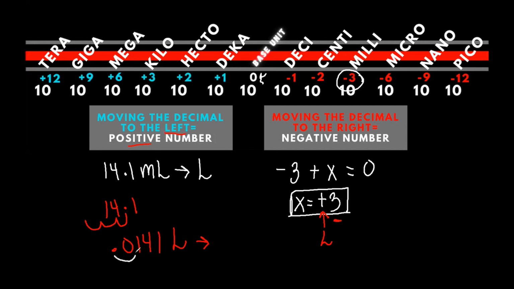So I'm going to move it. This 0 is not between 1 through 9, so I move it again. Stop right here. I moved it twice, and I went to the right when I moved it. So that would mean negative. Okay? So my final answer then would be 1.41 times 10 to the negative 2 liters.